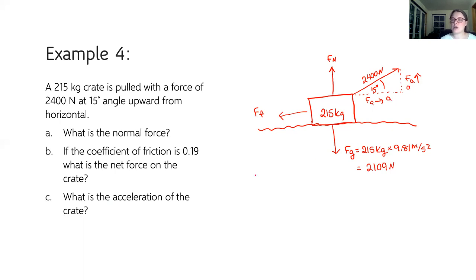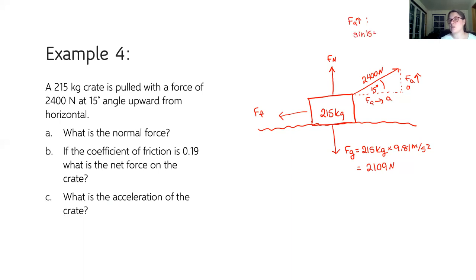I'm going to calculate over here just to allow enough space. So force applied in the upwards direction. How do we get that? Well, it's opposite of 15 degrees, so that must mean I would use sine.